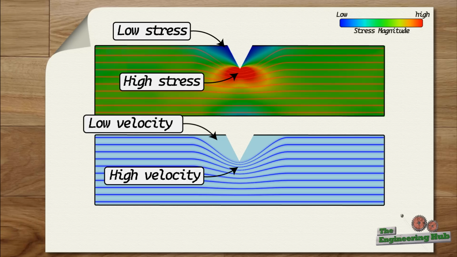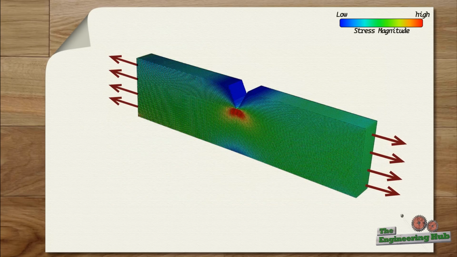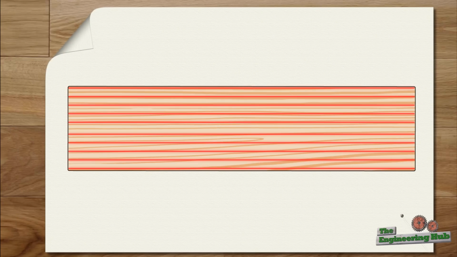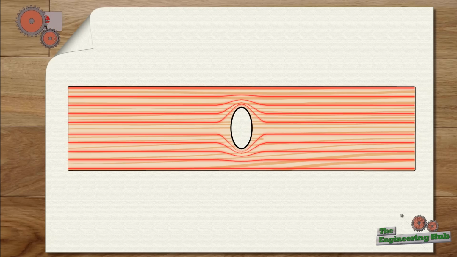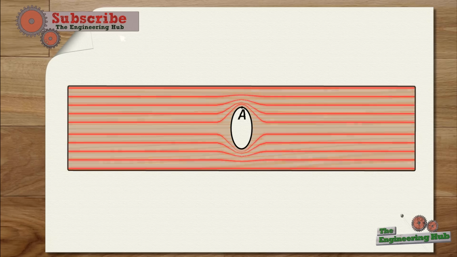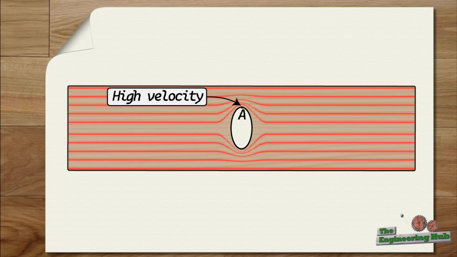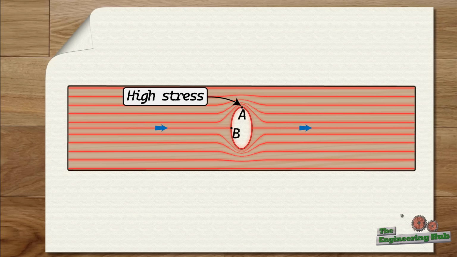This is quite intuitive, but it is also confirmed with this finite element model. Let's see what happens if the obstruction was elliptical. The flow lines get squeezed at the top of the ellipse, let's call that point A, indicating high horizontal velocity and hence high horizontal stress. At the point of the minor radius, point B, the flow comes to a stop and changes direction from horizontal to vertical, goes around the hole and re-emerges on the other side of the ellipse.